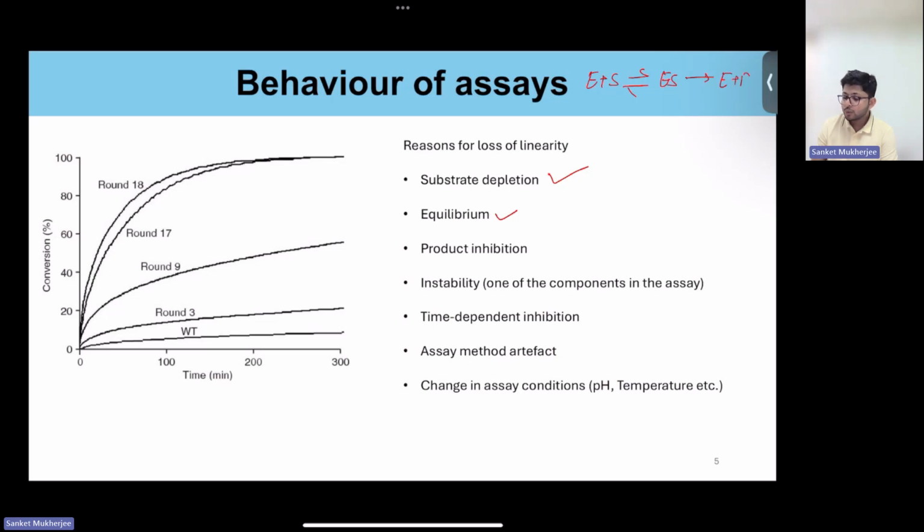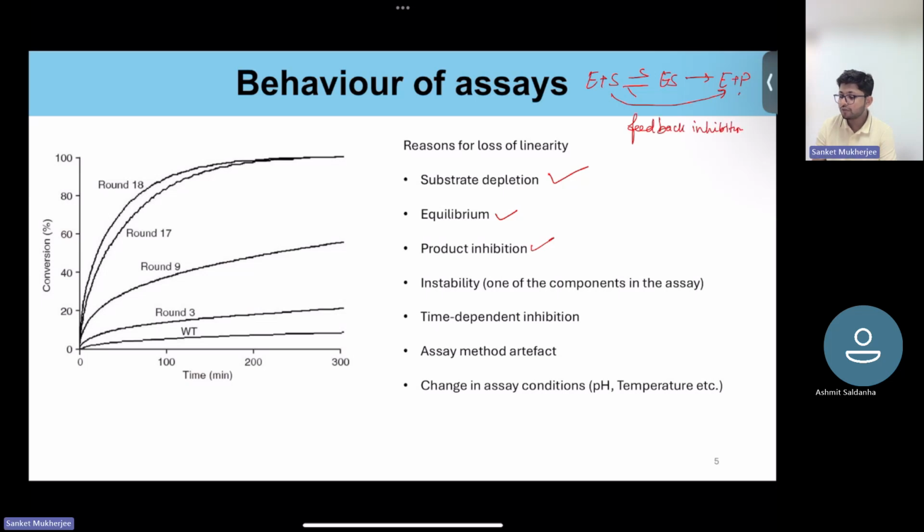When this equilibrium is reached, the reaction slows down. And there is then also steady state formation, which we'll talk about. Then there is product inhibition. Product inhibition is when the product is produced due to the enzyme, when substrate is converted to product. The product sometimes causes something called feedback inhibition.